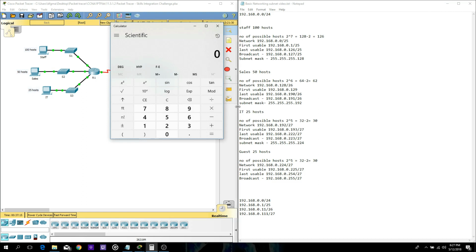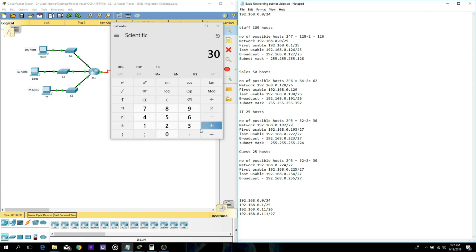For our next network, the IT department with 25 hosts, the number of possible hosts will be 2 to the 5th, which gives us 32, minus 2 gives us 30, and that satisfies 25 hosts. Our network would be 1 up from the previous broadcast, 191, so it'll be 192.